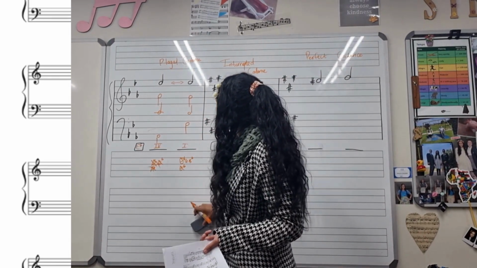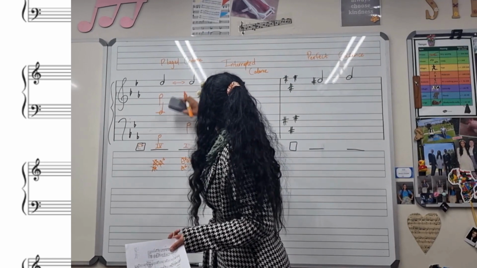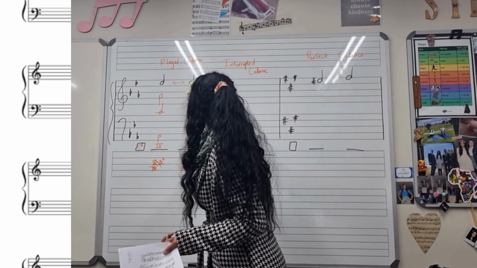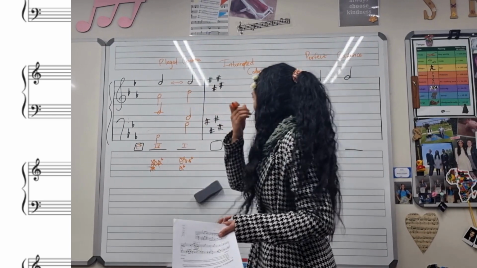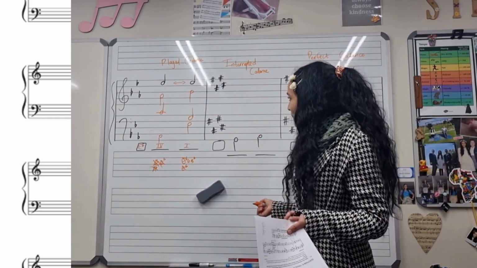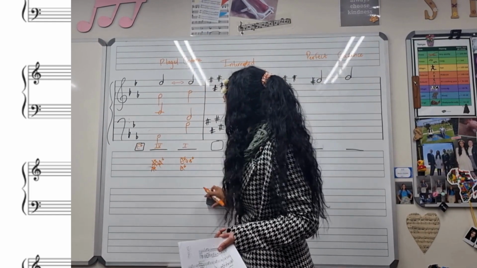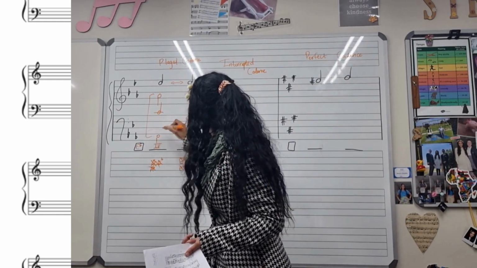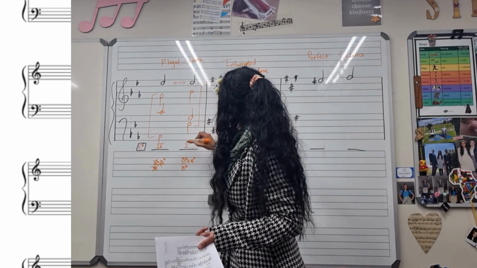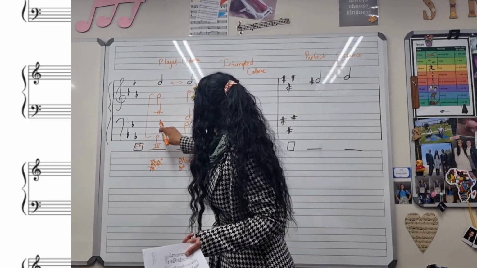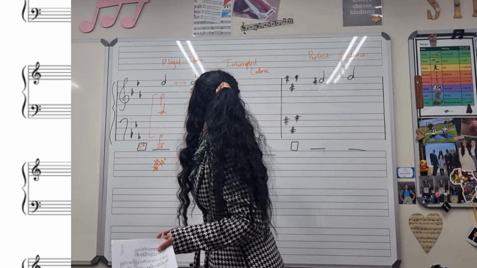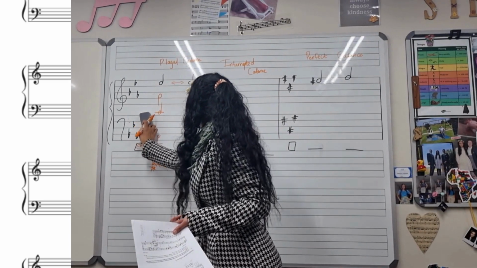Now, if I just went and willy-nilly put down, I don't know, a B flat and a G, just because, there would be problems. So I don't have any problems with the octaves because A flat and A flat are over there, and E flat and E flat are over here. So between alto and bass and then soprano and bass, I don't have a problem when it comes to octaves.